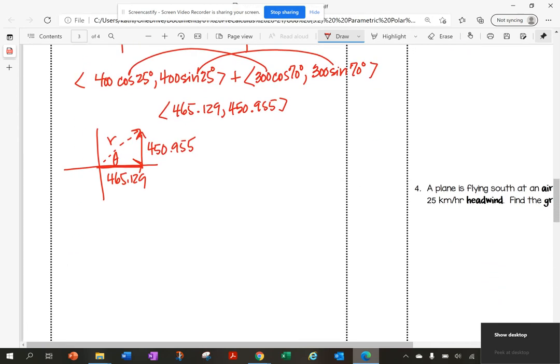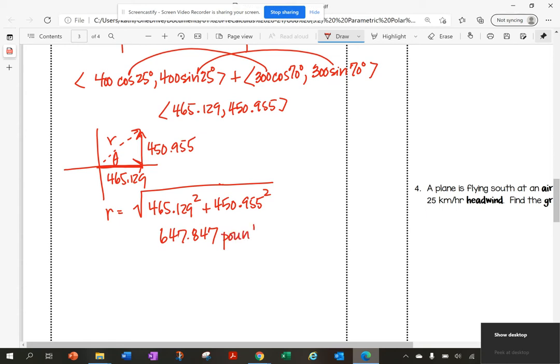Okay, so the resultant vector is going to be the square root of 465.129 squared plus 450.955 squared, and then I'm taking the square root, so I get 647.847 pounds. The force I'm using is in pounds. This is the magnitude.